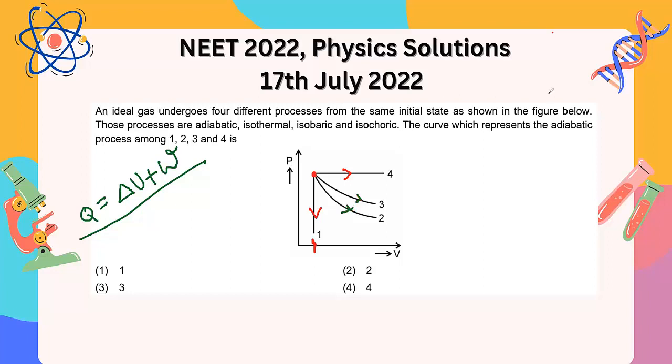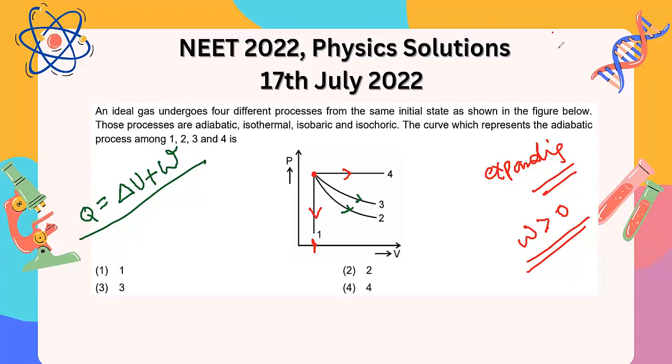Both of the gases are expanding. That means they are doing positive work. For both of them, the gas is doing some positive work. So whenever the gas does positive work, if it is adiabatic, that positive work is going to be at the expense of its internal energy, right?